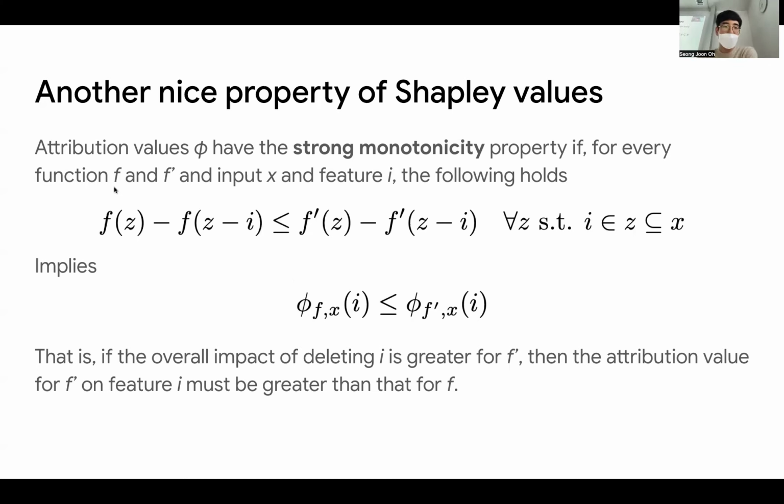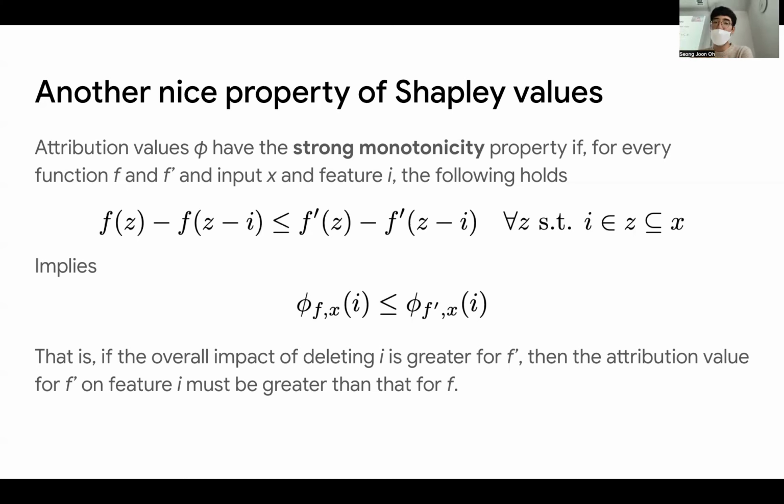let's say there are two functions, f and f prime, and there's an input x and feature I. Then let's say the following holds. The function value of f at x minus the same function value when I is taken out is always smaller than the same quantity for f prime. So this means that the contribution of I is always greater for f prime than f, okay?